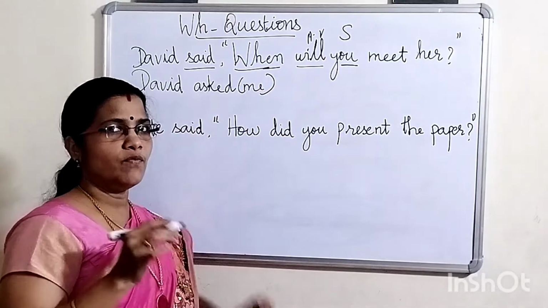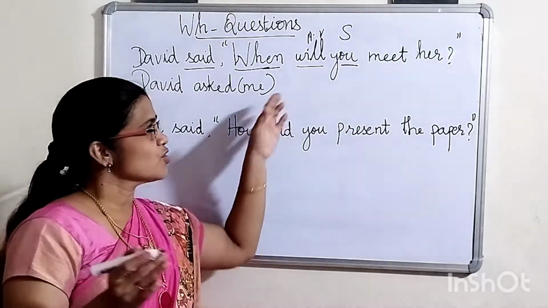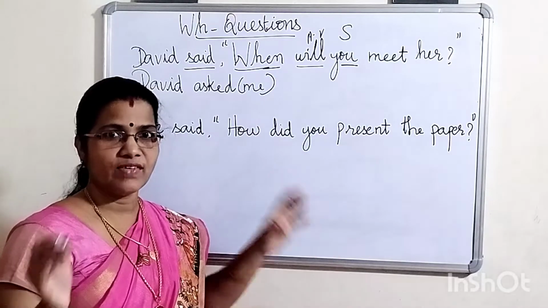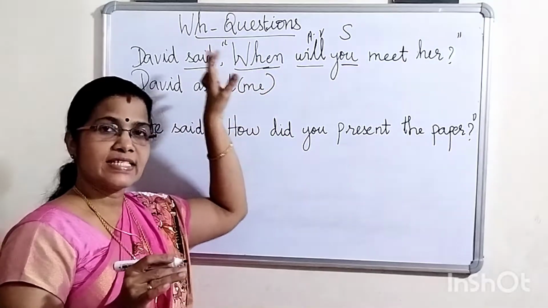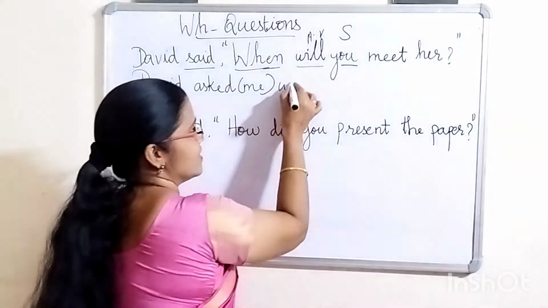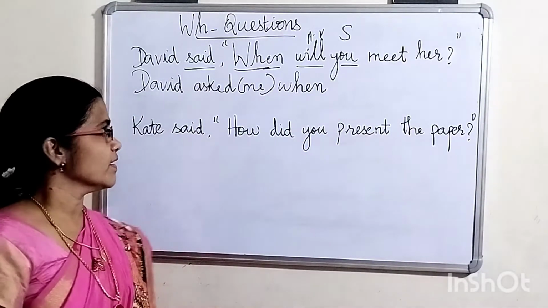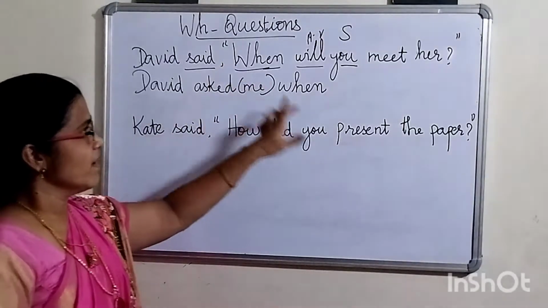In the previous one we used a connective and our connective was if or whether. Okay. So here we are not going to use that connective. Instead, you will make use of the same WH word. What's the WH word here? When. So the same WH word will function as a connective here. So David asked me when.